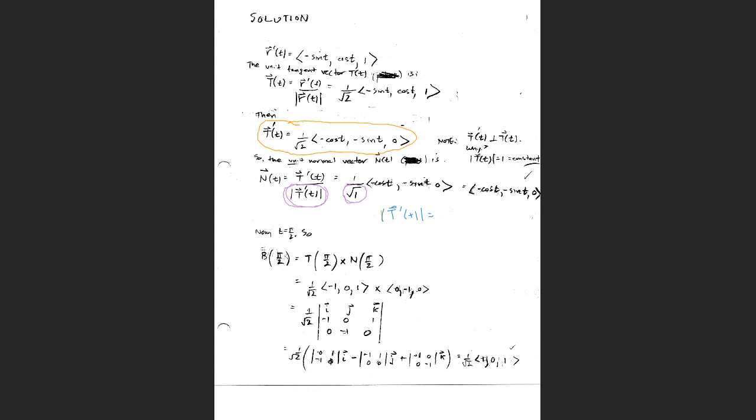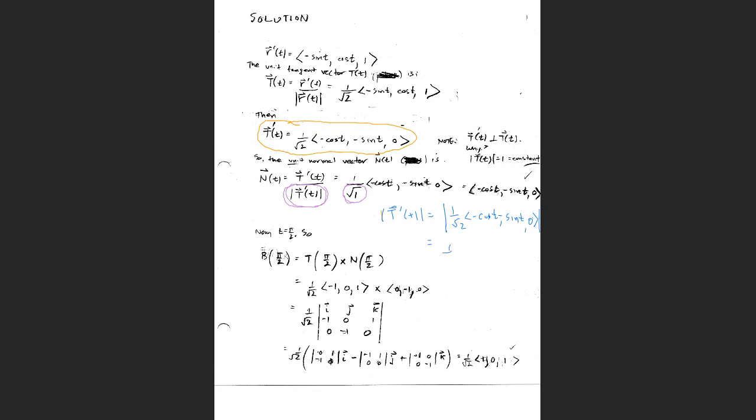Okay, so this is the length of this vector. And the 1 over root 2 should come out.